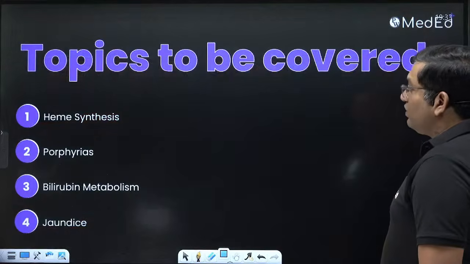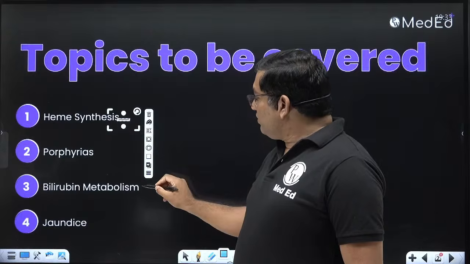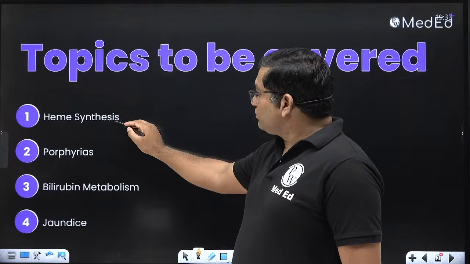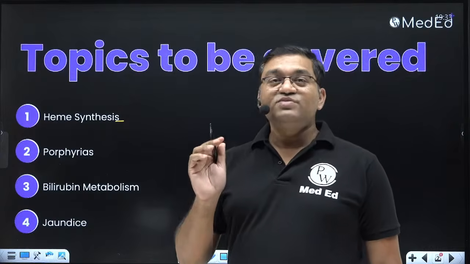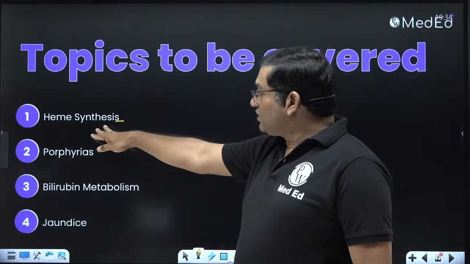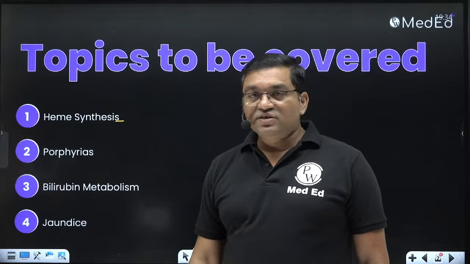So today we'll discuss the heme synthesis pathway, with an important mnemonic to remember the pathway. Bilirubin metabolism means the degradation. We'll discuss the different types of porphyrias which are related with the heme synthesis pathway.